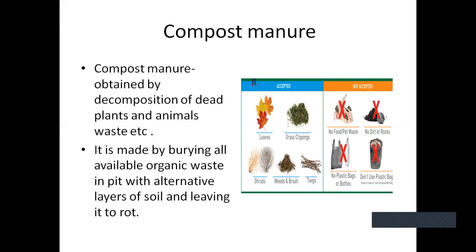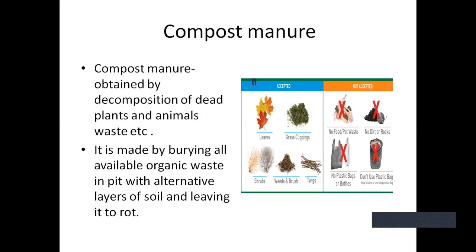A pit is dug in the soil or in the farm nearby, and then layers of different waste material are made, and a little water is sprinkled on it. It is covered with a layer of soil and kept for a few months or a few days, for rotting, right? And when they decompose, they produce a very good compost manure, right?